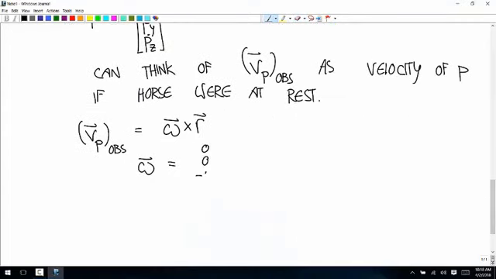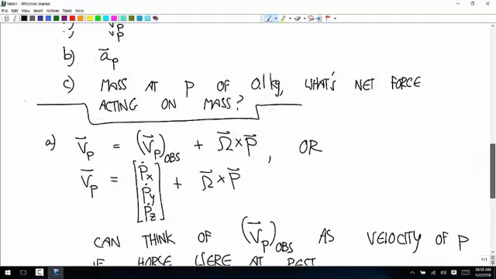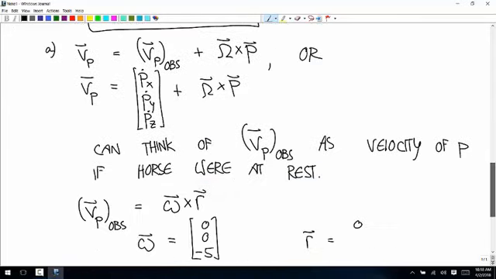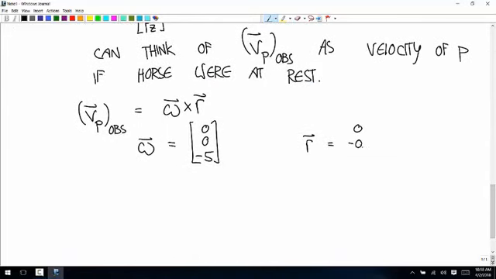So 0, 0, negative 5. And then what's the r vector? The center of the circular motion is here. The point we care about is here. So we're going 0.4 meters in the negative y direction. So 0, negative 0.4, 0.